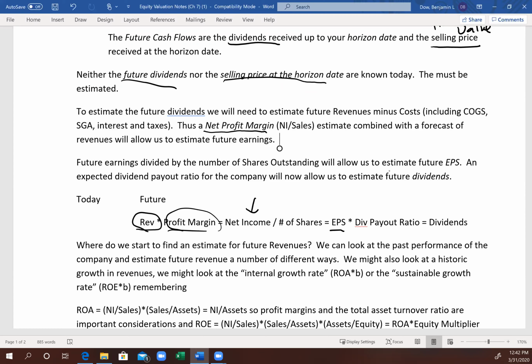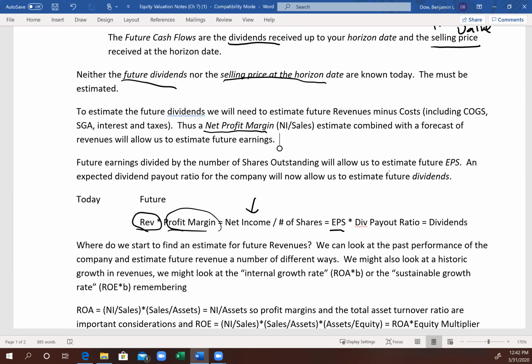Now, to figure out one year at a time, a lot of people look at past revenues to figure out what future revenues would look like. Essentially, they'll figure out, if you're retaining some of those earnings, then maybe there's some sort of growth rate you can assign to future revenues.